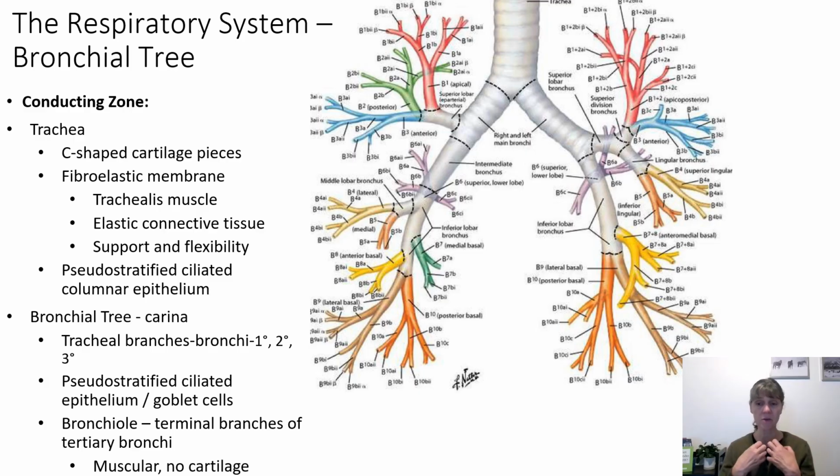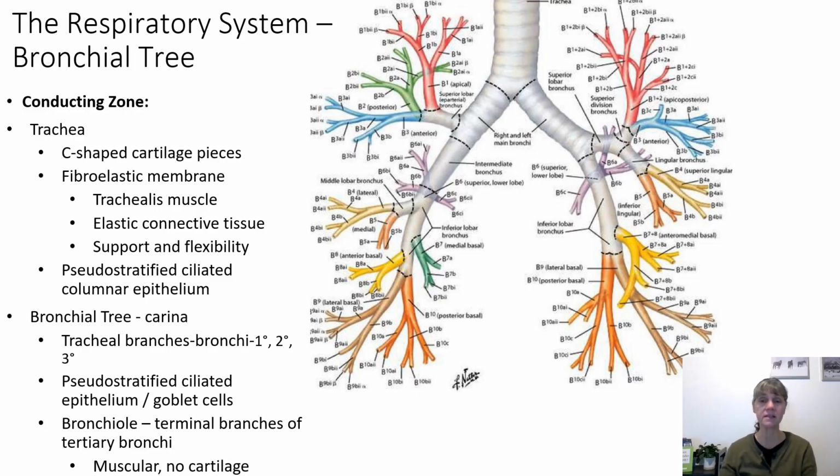Every time we swallow food particles or liquids, the esophagus has to be able to expand, and that fibroelastic membrane allows for that expansion of the esophagus. The trachea is lined with pseudostratified ciliated columnar epithelium, which, together with goblet cells that produce mucus, the cilia can sweep mucus upward towards the throat so that pathogens and bacteria can be swallowed and broken down by the gastric juice.